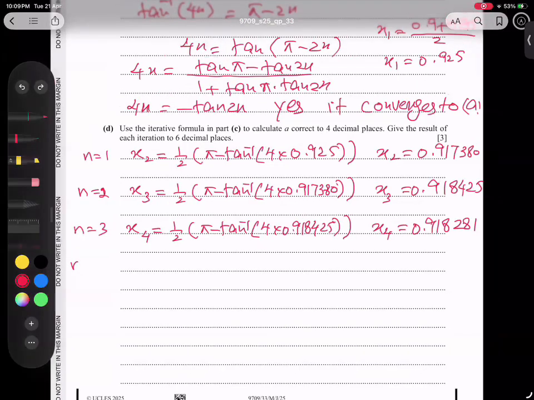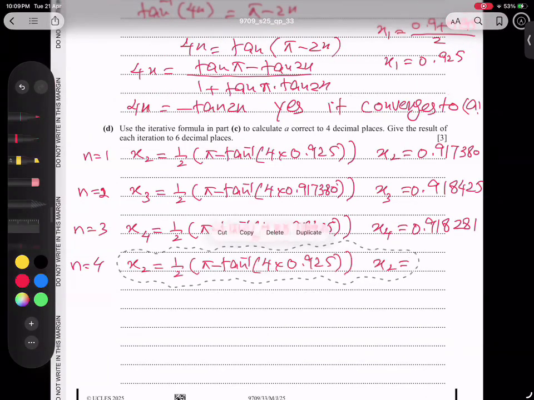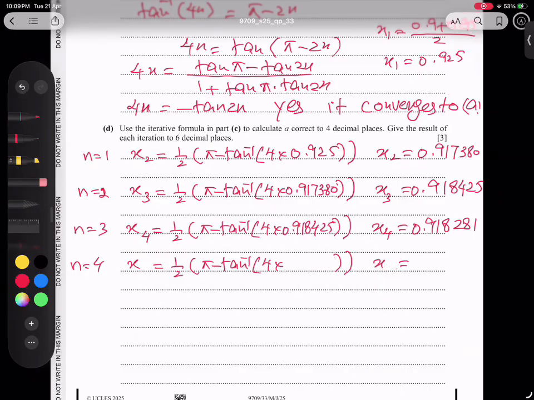I'm putting n equals 4 and pasting the previous equation. Here 5, here 5, with 0.918281. When I plug in, I'm getting 0.918301. Check it, students. Now it is starting to match, because rounding gives 0.9183. It means one more attempt I have to check, the last attempt.